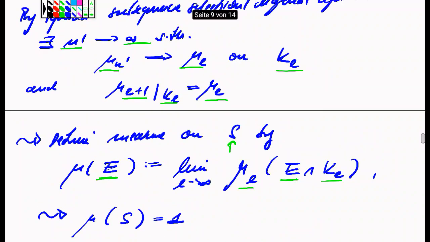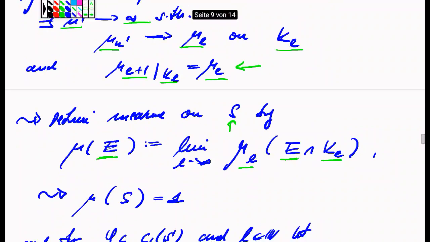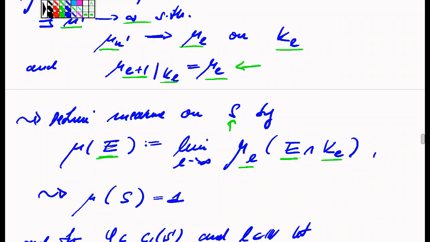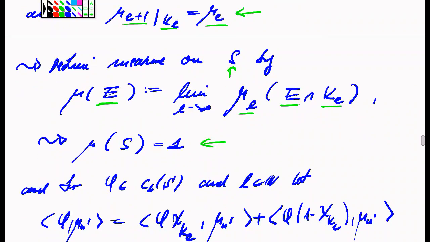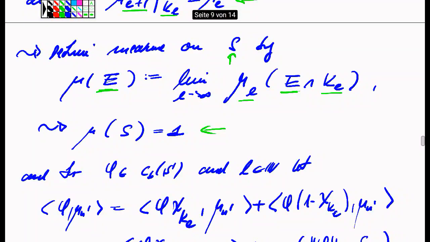Now, by the previous upwards consistency property of this sequence of mu L, this is a consistent definition, and this defines a measure on the set S. And by the construction it's also evident that this is a probability measure, namely mu of S is 1, because the total weight of the complement must necessarily be 0.